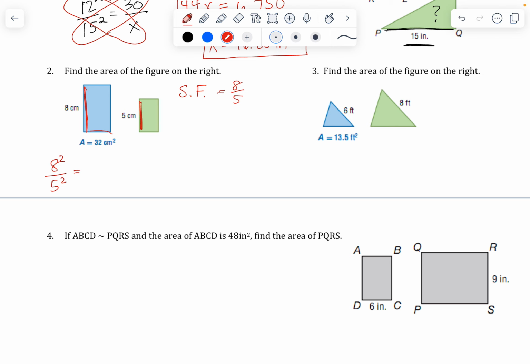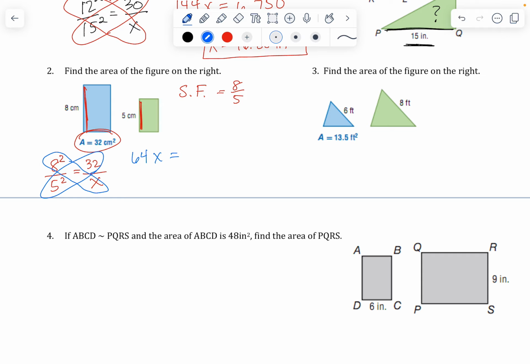Well, the first rectangle has an area of 32, and the second rectangle, we don't know the area, we're trying to find it, so we'll call that x. Now to find x, we have to cross multiply. So we're going to multiply 8 squared times x. That's going to be 64x. 8 squared is 64.